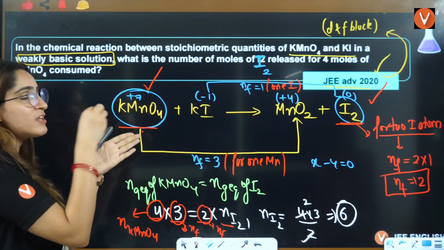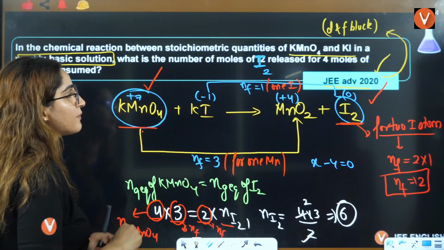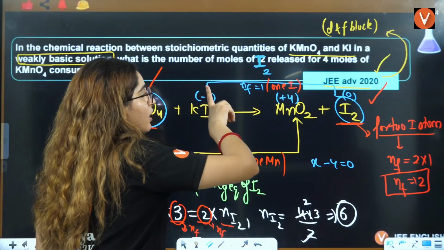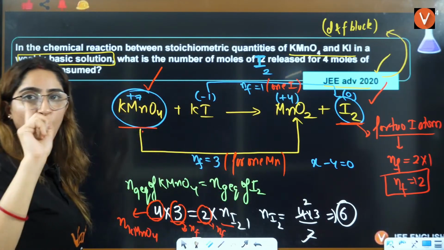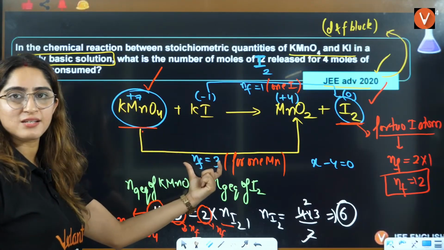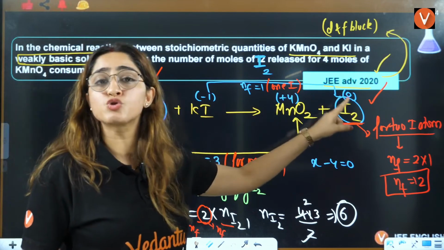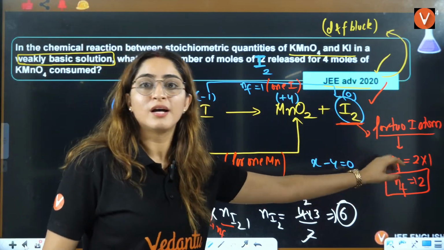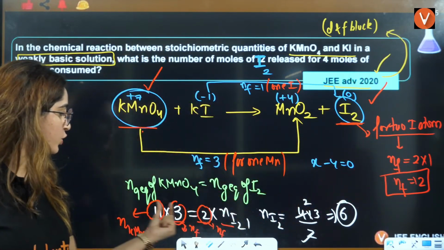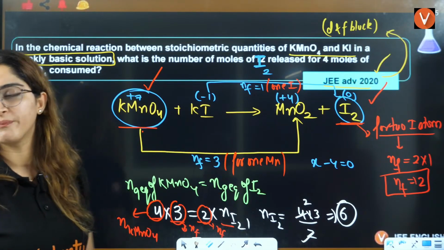Change is 7 minus 4, that is 3. And here it is 1 minus 0, that is 1 is the change. So for 1 manganese, the change is 3. For 1 iodine, the change is 1. But here the iodine is 2, so here change will be 2. That's why here n factor I have written 2, here n factor I have written 3. Number of moles were given to me.